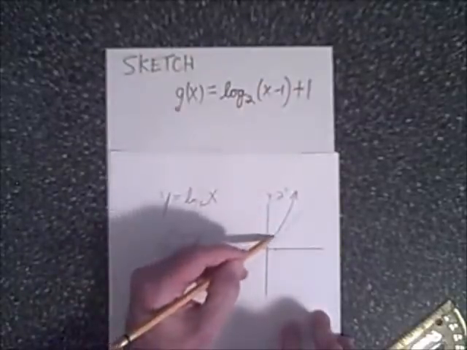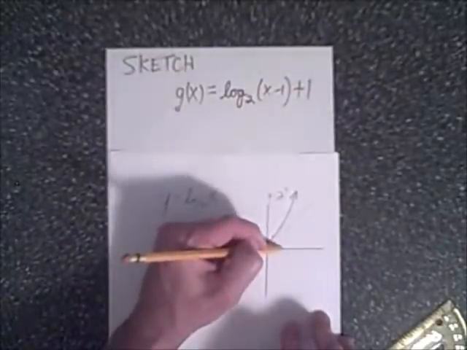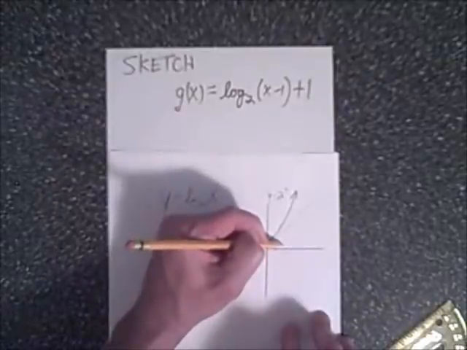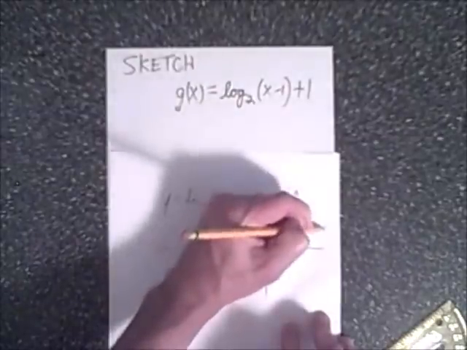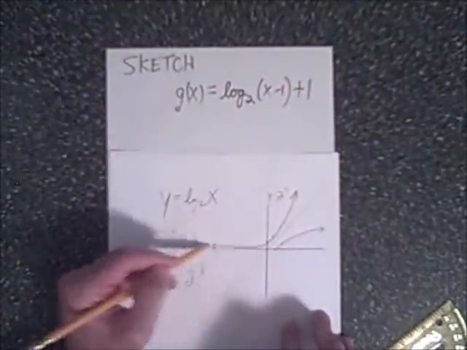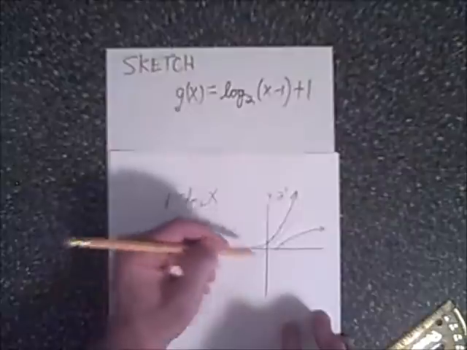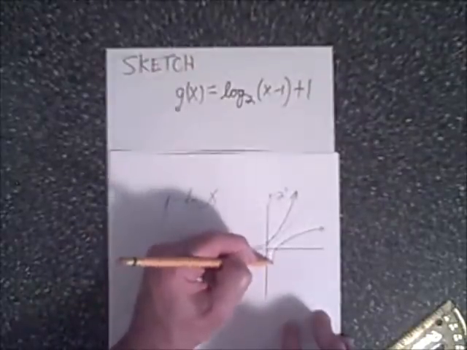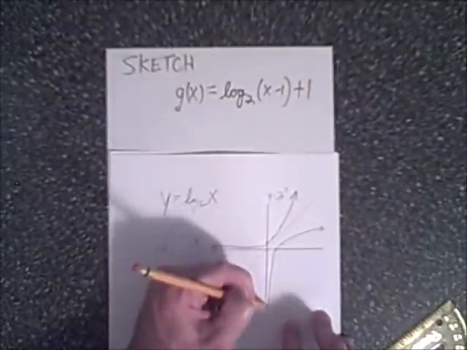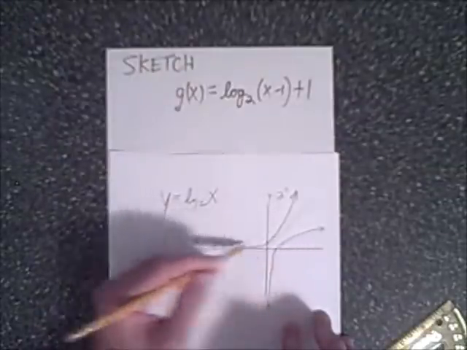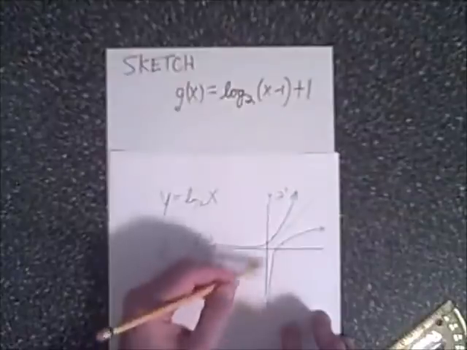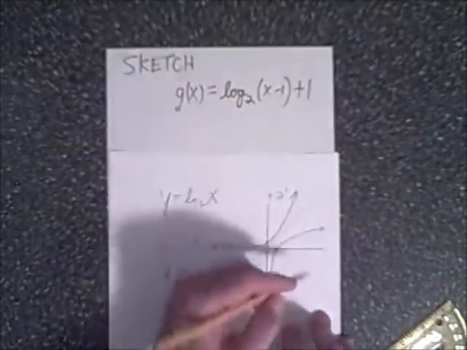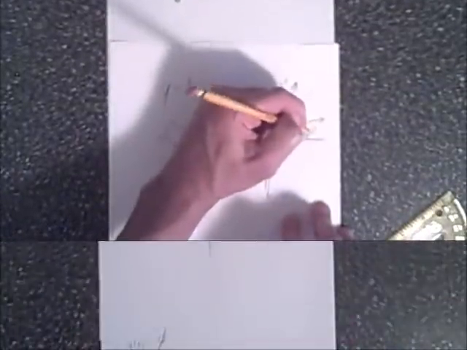This was 1, 2, so we're going to have 2, 1, and continuing this way. So this is going to go like that. Then these values over here are going to go around, and the horizontal asymptote becomes a vertical asymptote in many ways. And this basically is going to be the log base 2 of x.